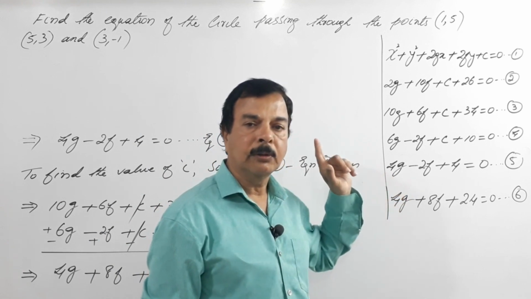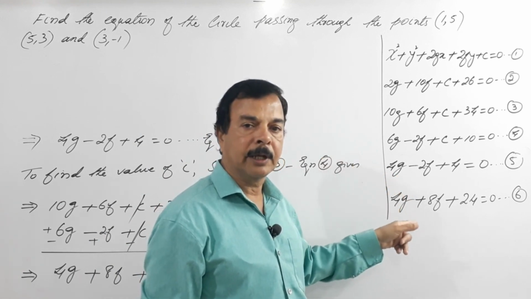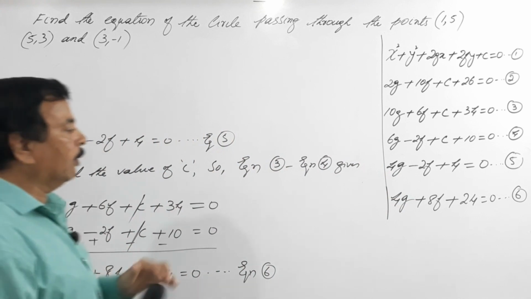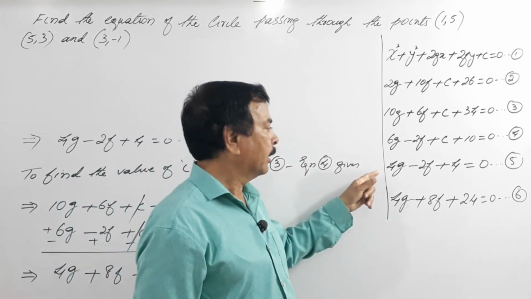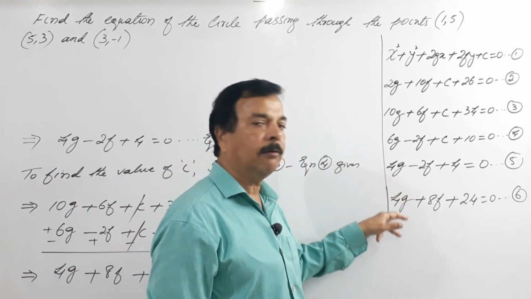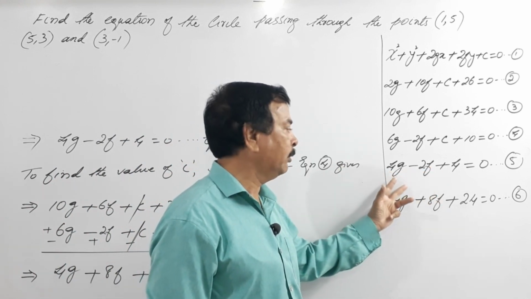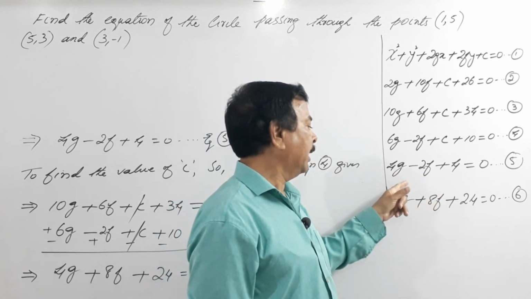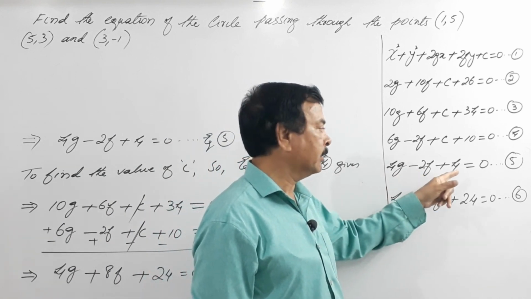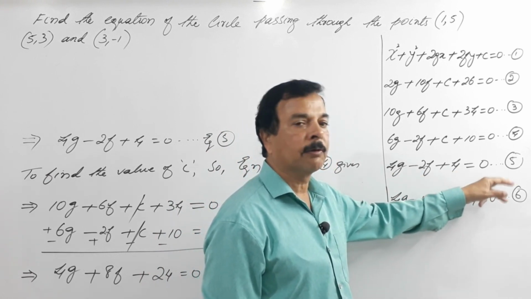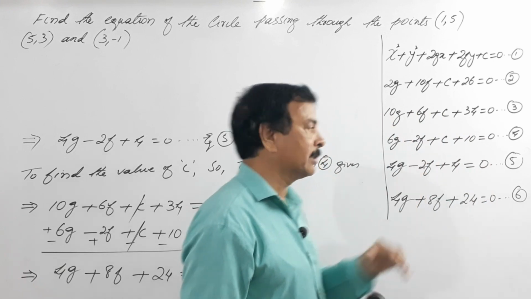So in order to cancel 4G, I had taken 2 as common. Now what I will do is equation 5 minus equation 6. So we can get rid of one unknown from this. We have two unknowns here, so one of them can be cancelled by subtracting equation 6 from equation 5.